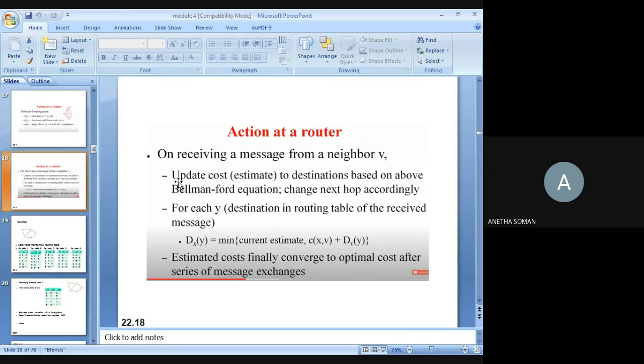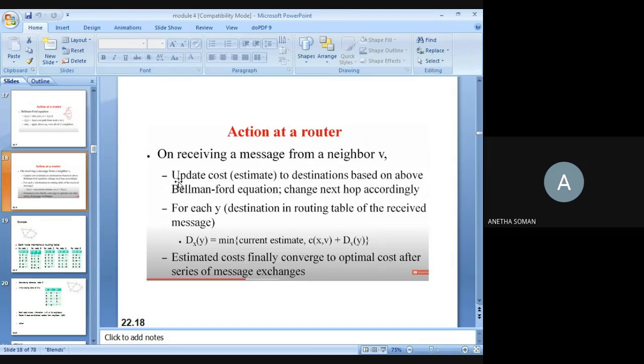Once the algorithm proceeds, you have to do the iteration each time, and finally the estimated cost becomes the final or optimal cost. This happens when a series of message exchanges takes place. Initially the cost is called the estimated cost, and each time you apply the Bellman-Ford equation, it converges to its optimal cost.